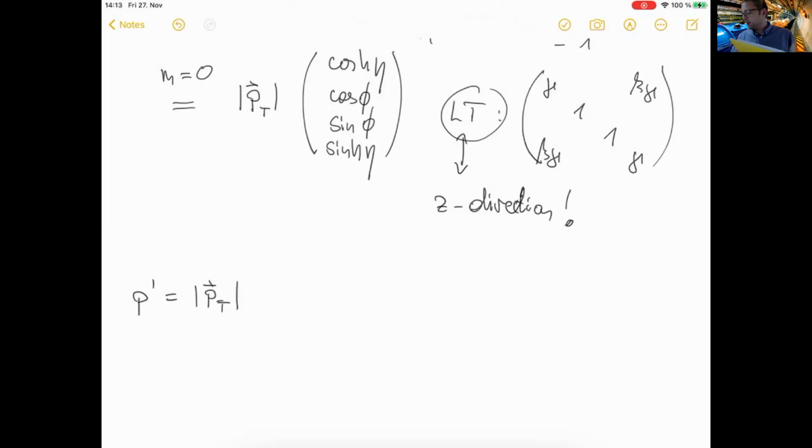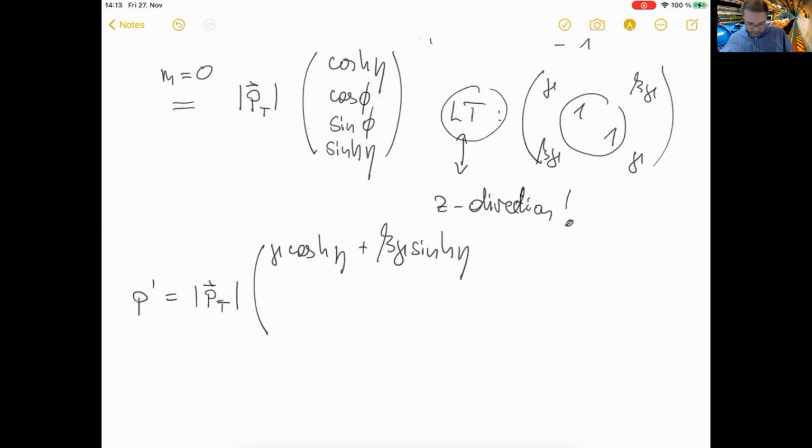The transverse momentum doesn't change because of the ones in the middle here, but you only really need to do the matrix multiplication, and it becomes gamma cosine hyperbolicus eta plus beta gamma sine hyperbolicus eta, and then, as we said, the transverse direction doesn't change, but the z component, of course, changes.